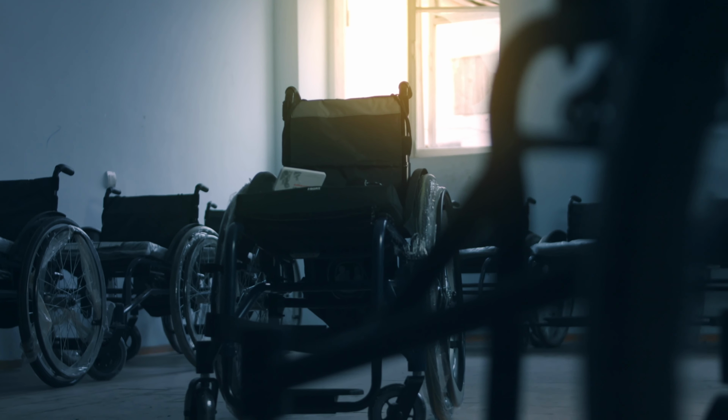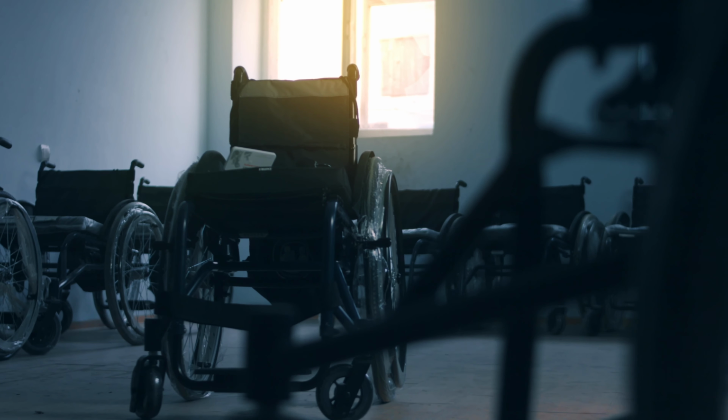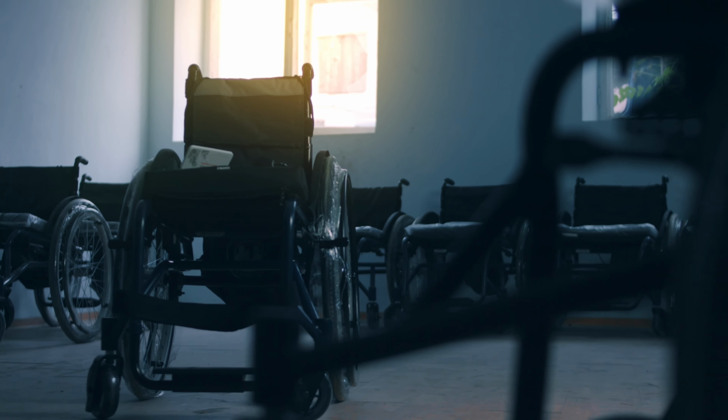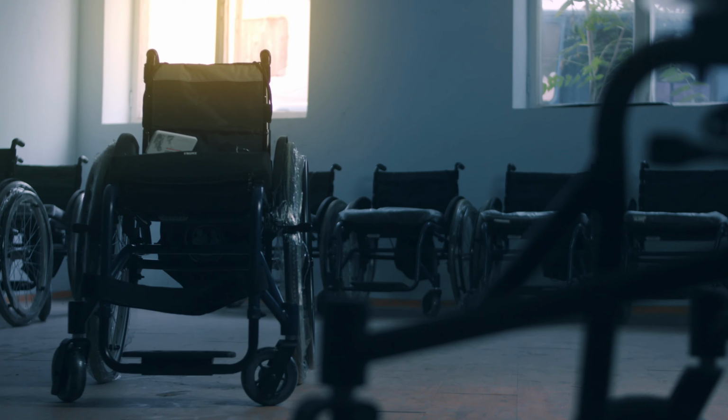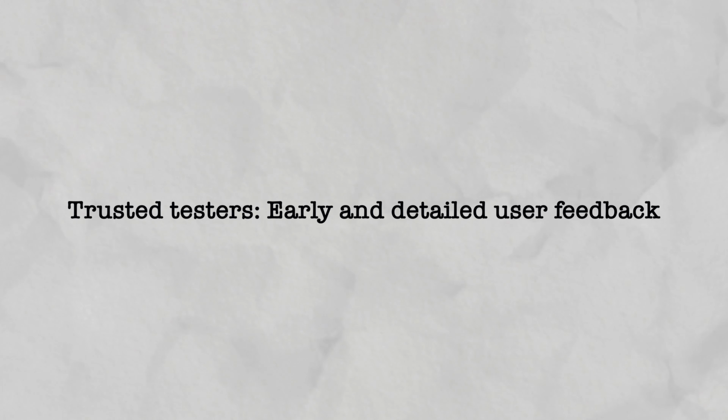After that, let's say they worked on it some more, and then there is a functional product. But before they go for mass production, they produce, let's say, a handful. And what you might want to do as a user experience researcher is to find some trusted testers and give this new product to these trusted testers for them to use for a while, maybe a week, maybe a month, depending on, again, the timelines.